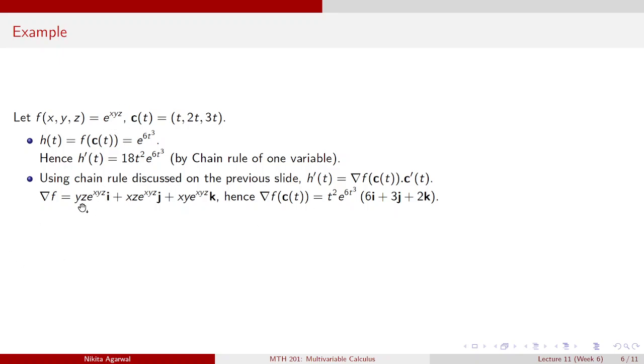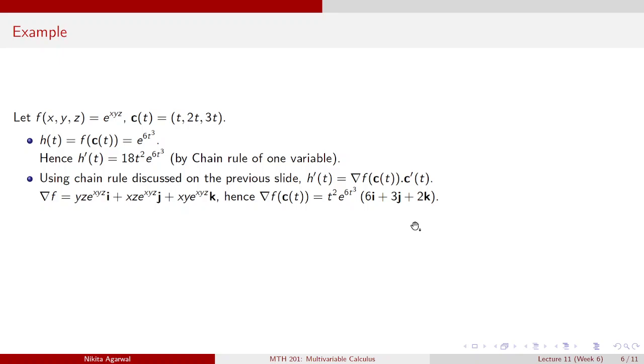The first component will be the partial derivative of f with respect to x and so on. So if you evaluate this gradient at the point c(t), you replace x by t, y by 2t and z by 3t. This is the vector you get.